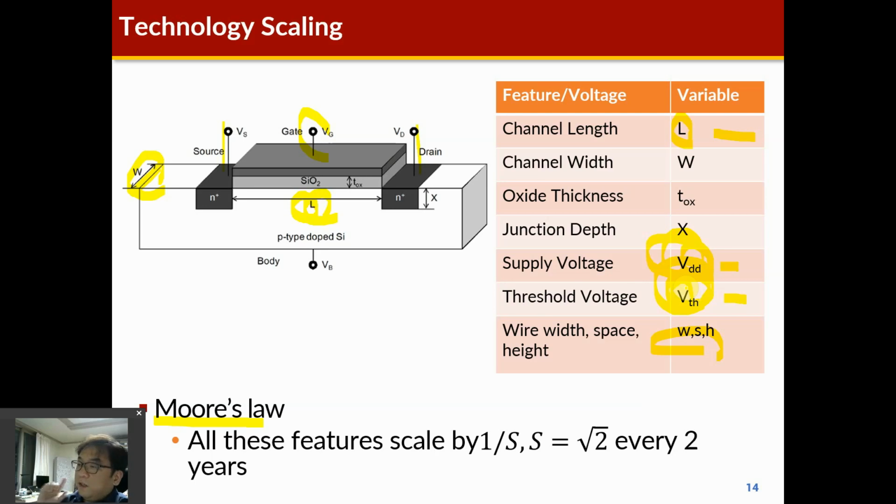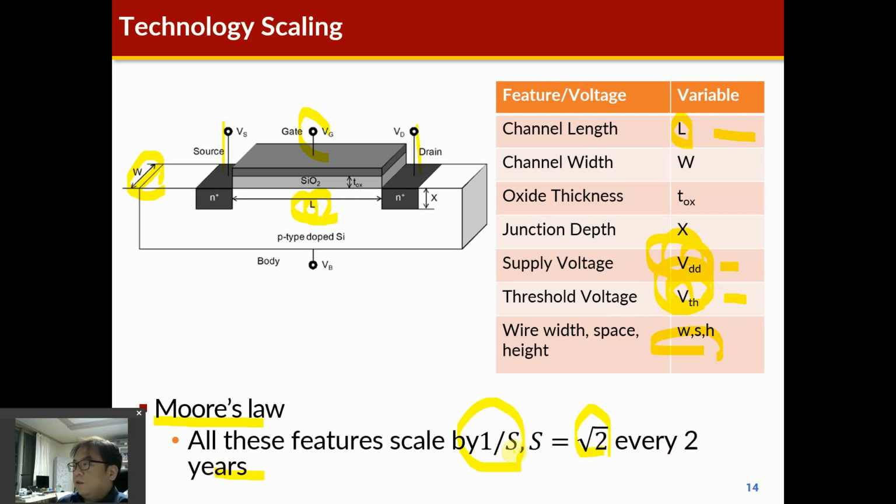That's very important in the performance of CMOS transistors. All these features scale by 1 over S, and S is the square root of 2 every 2 years.